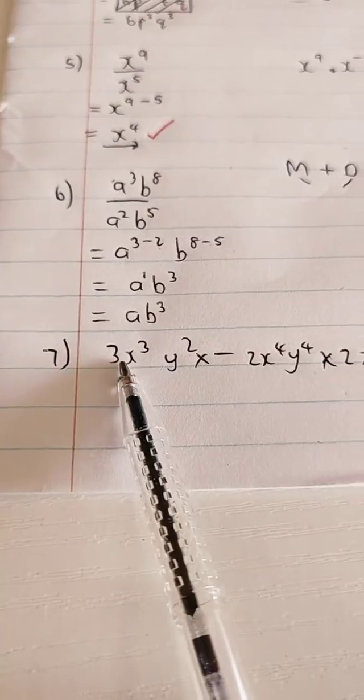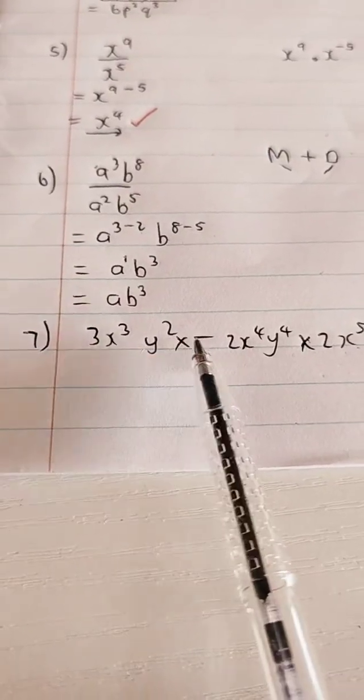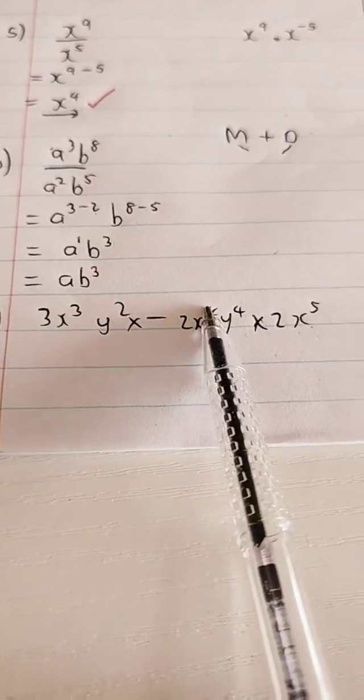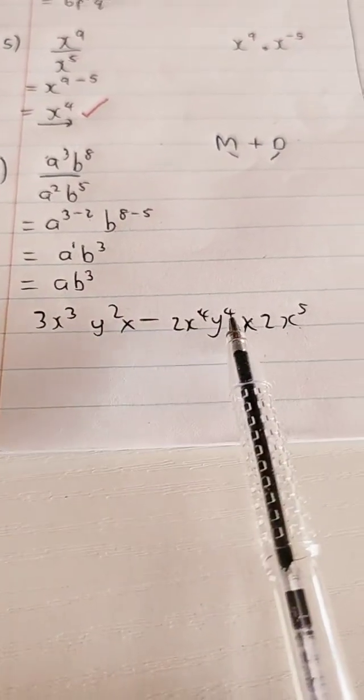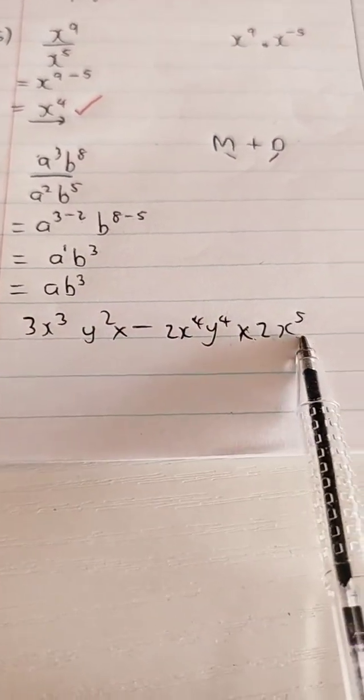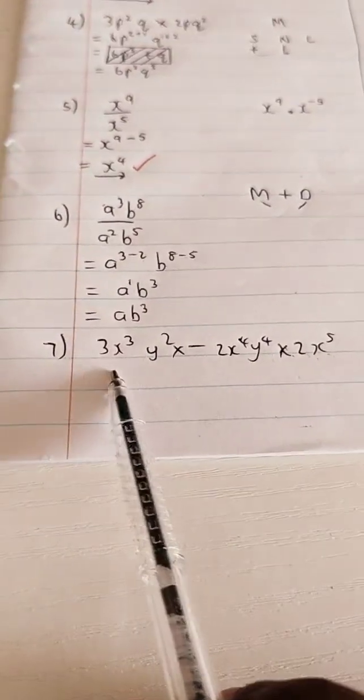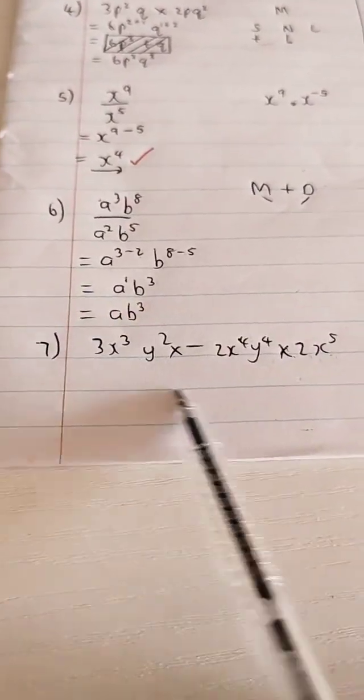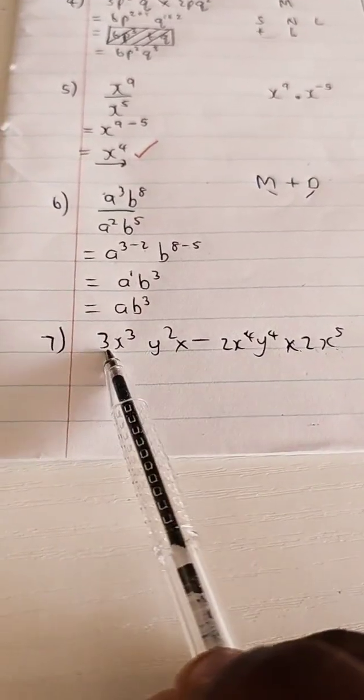Okay, 3x cubed y squared times negative 2x to the power 4 y to the power 4 times 2x to the power 5. All right, so let's deal with this. First and foremost, what is the relationship between these bases?